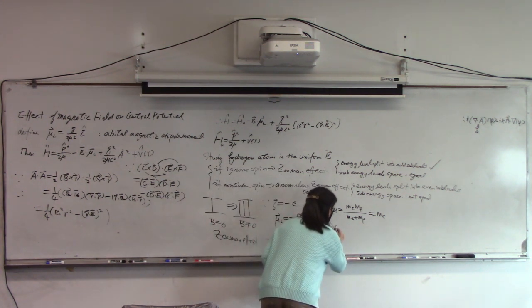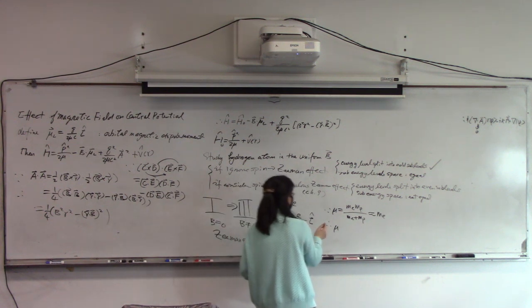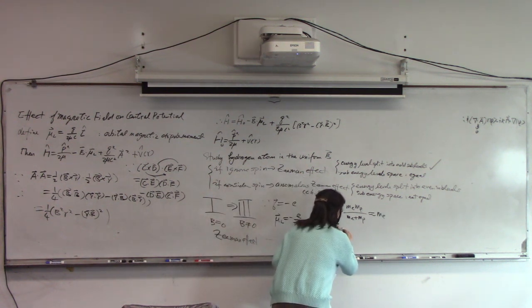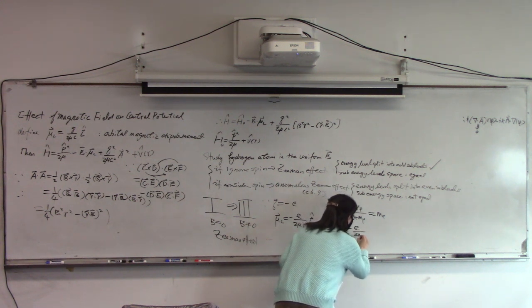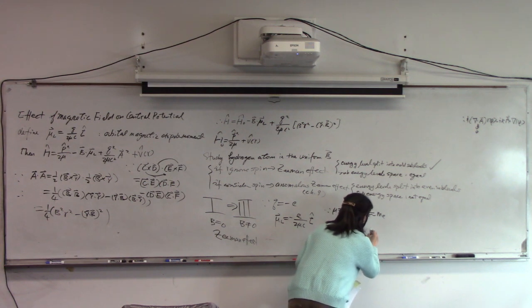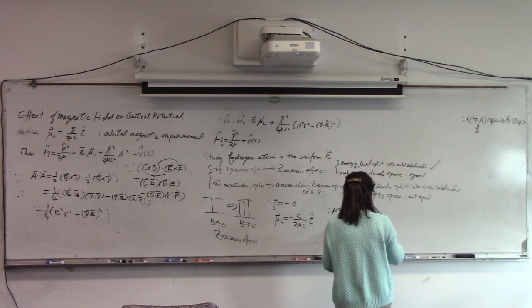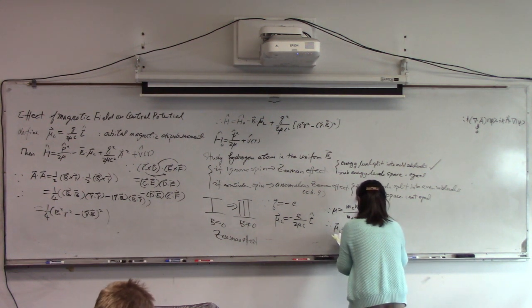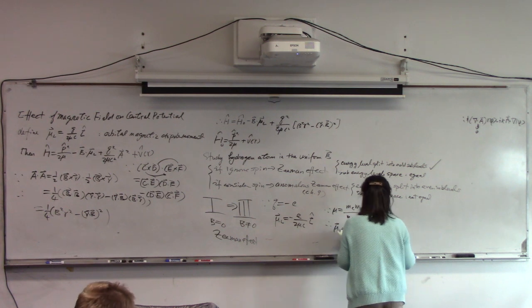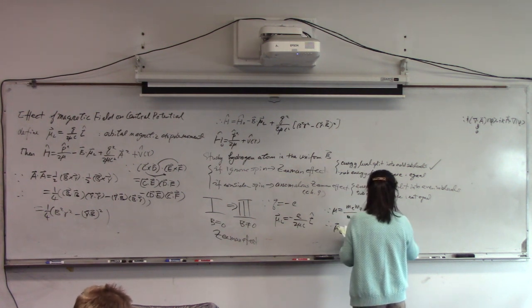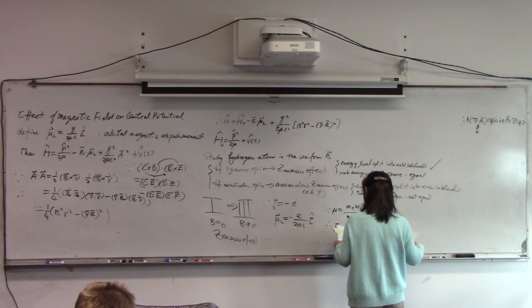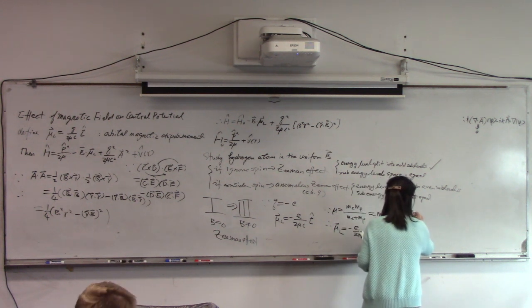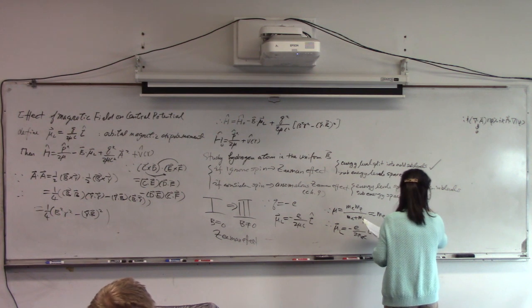So we can approximate this dipole moment of a hydrogen atom by replacing mu with m_e. And now we can introduce another constant, minus mu_B over h bar.